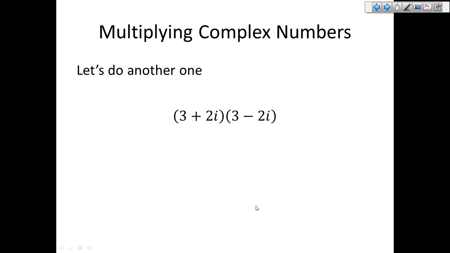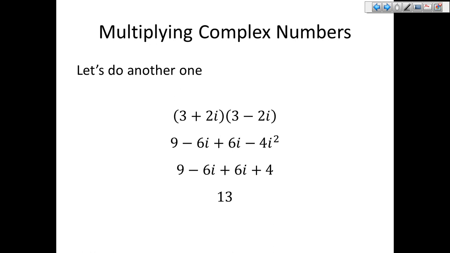All right, let's do another one. Again, we're just going to FOIL. The minus 4i squared becomes plus 4. But wait a minute. These imaginary numbers inside just canceled out, and we were left with just a regular real number.